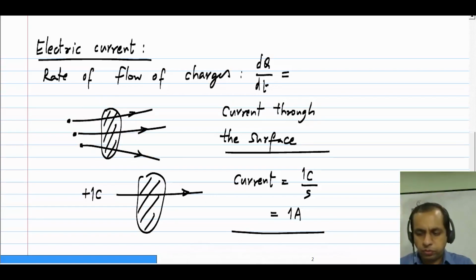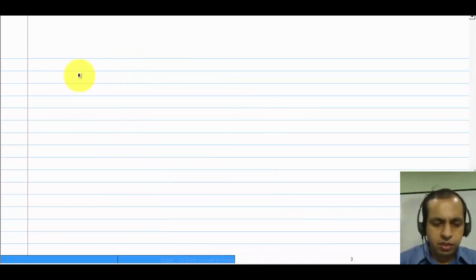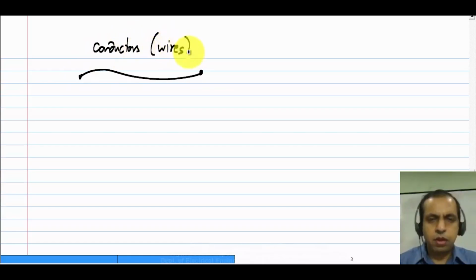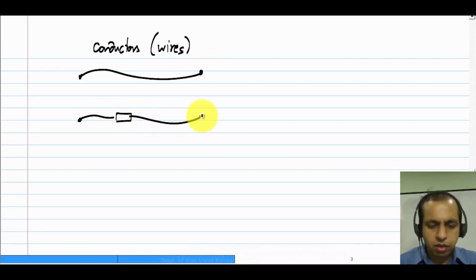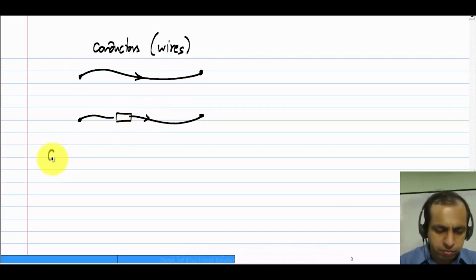Now, in case of electrical circuits, it turns out that we will have certain conductors which you can think of as wires, okay, or you could have some electrical elements. Now it turns out that the charges move only through these wires, or through the wires connected to the element and through the element itself, okay.